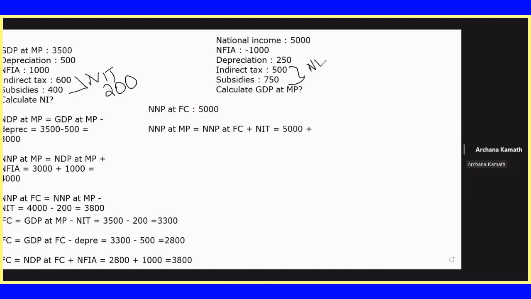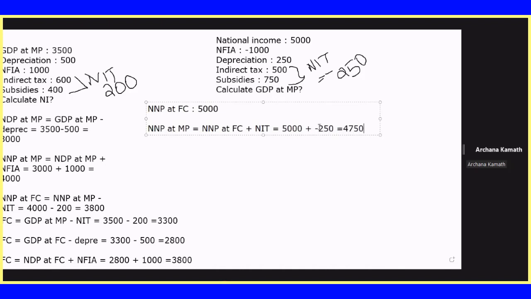So NIT is going to be a negative value. It's equal to minus 250 because subsidy is greater. The government is very generous in giving subsidies, and indirect tax is lesser. So in this question, when you are adding net indirect tax, it should be negative.